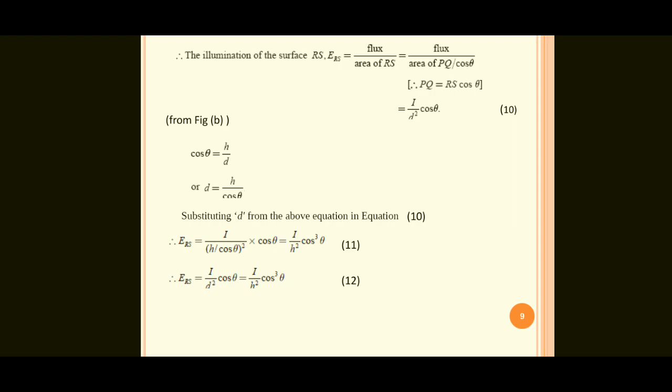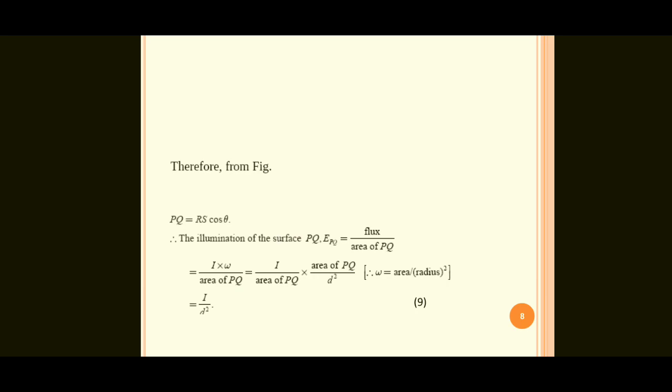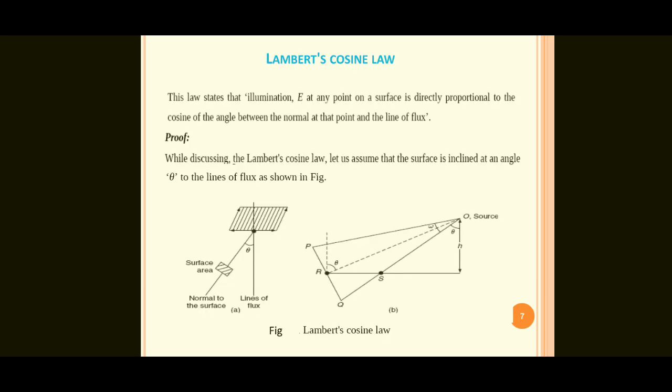So PQ is the surface area normal to the flux, and RS is the surface area normal to the vertical axis. So from this, PQ equals RS cos theta here.